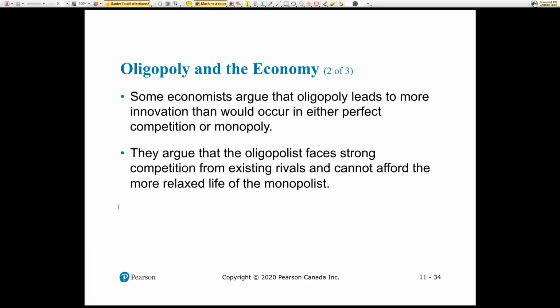And the best way to stay on top is surpassing your previous product.